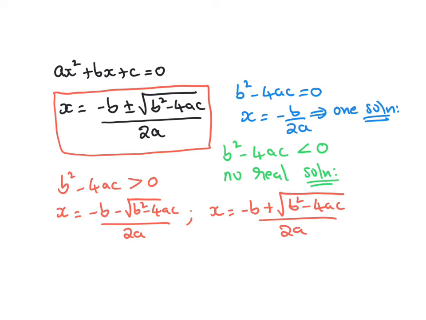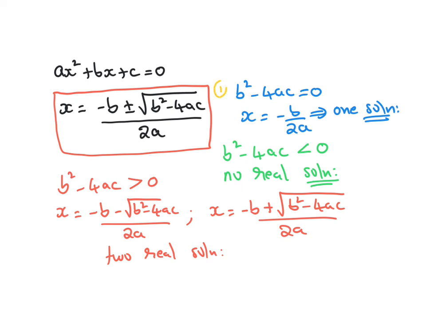So in this case, when b squared minus 4ac is greater than 0, the quadratic equation will have two roots or two real solutions.